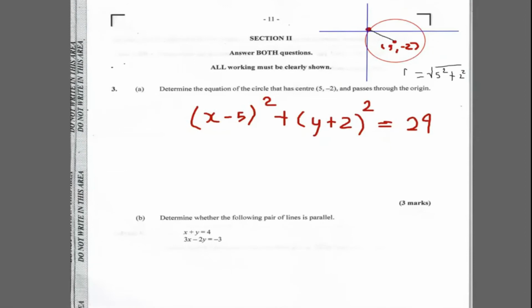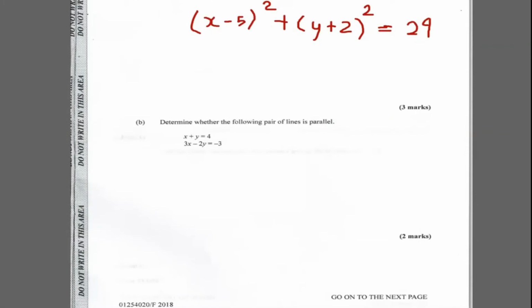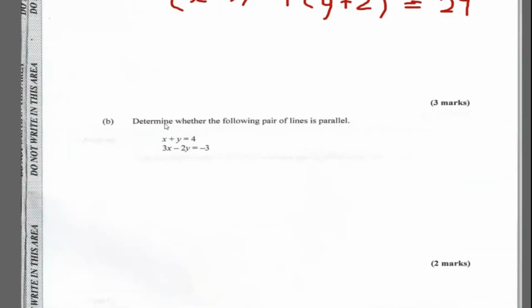Now, the next part of the question says determine whether the following pair of lines is parallel. The only way the lines are parallel is if the gradients are the same. Are the gradients the same? Let us find out.